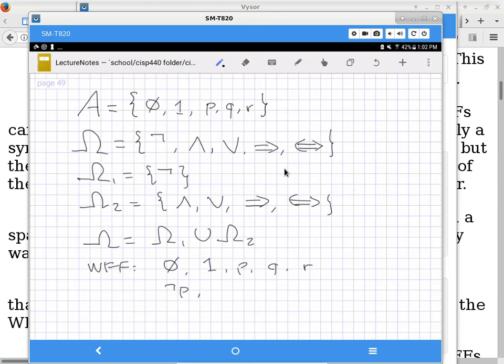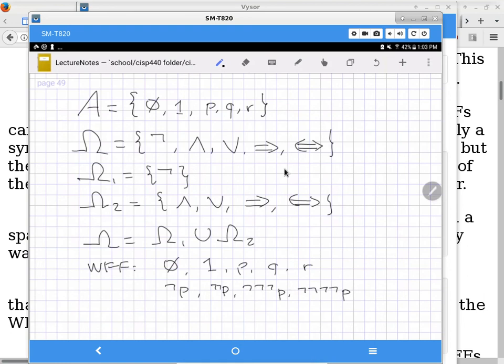Because if the negation of P is well-formed, what about the negation of that? It's the negation of something well-formed, so that is well-formed as well. So the negation of the negation of P is well-formed. And if that is well-formed, what about the negation of that? It has to be well-formed too.